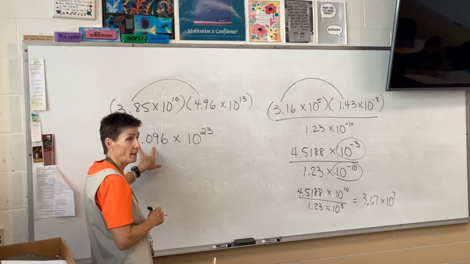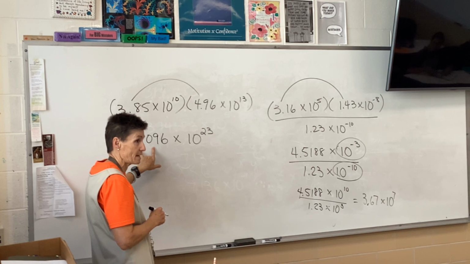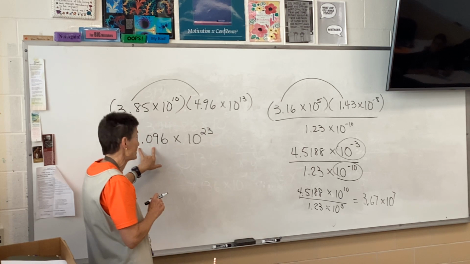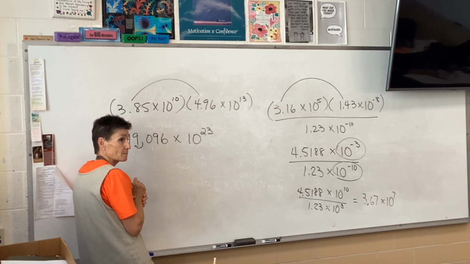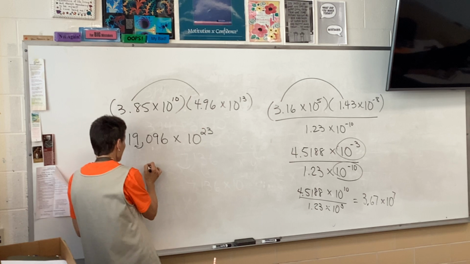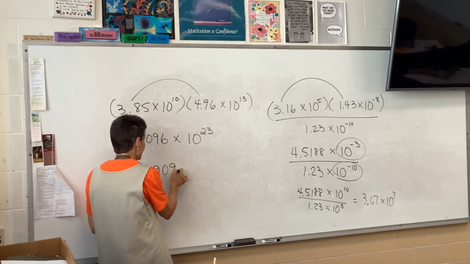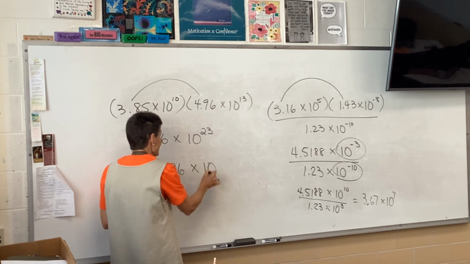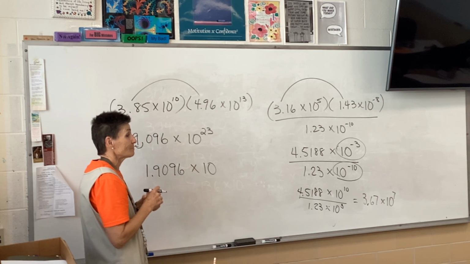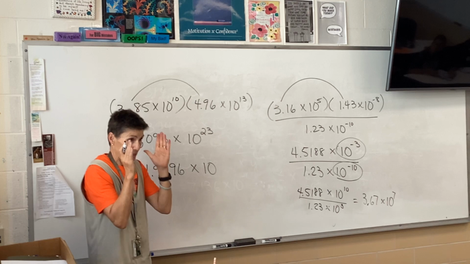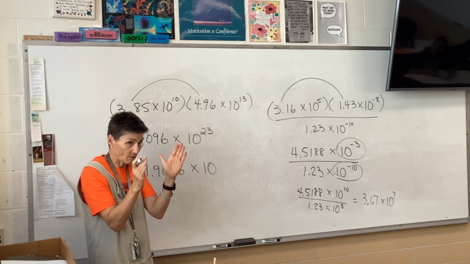So guess what? We're going to have to change this now into proper scientific notation, which means we have to move that one place. So this is going to be 1.9096 times 10 to a power. Now, let's use our common sense here.